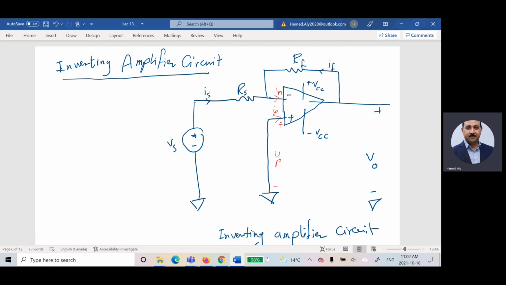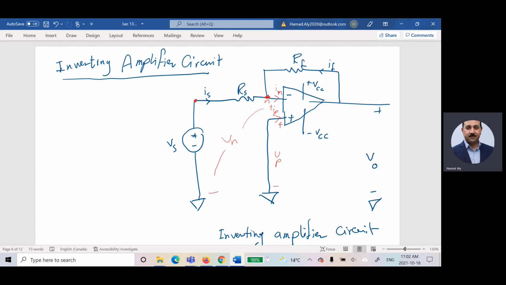Imagine that this node is called N. The voltage from that point to that point is called VN. So the voltage for that node is equal to VN.